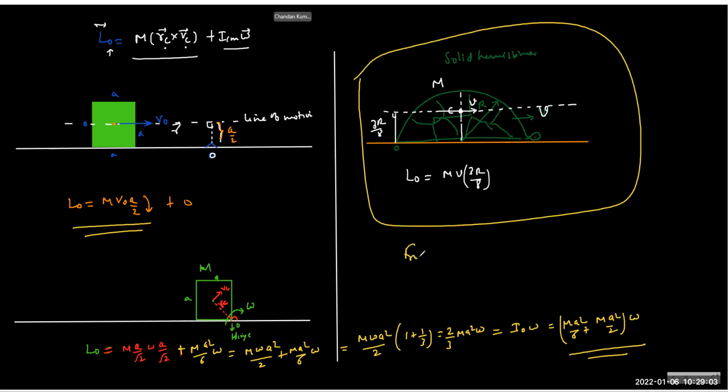From conservation of angular momentum, and why we are conserving, I will explain further, you can just write m v naught a by 2, ignore the sign, equals 2 by 3 m a square omega. m a cancels, and omega turns out to be 3 by 4 v naught by a. A pretty simple question of JEE Advanced.